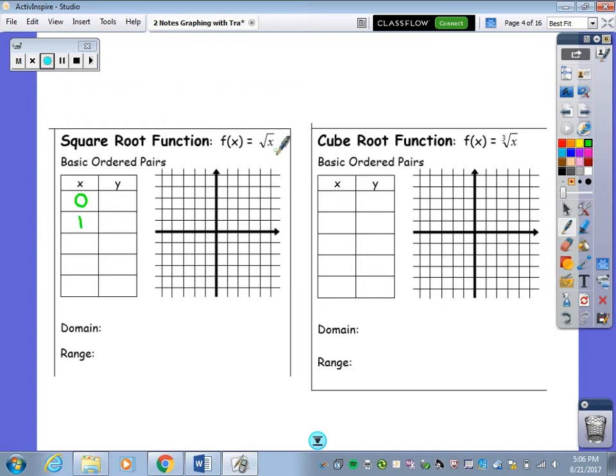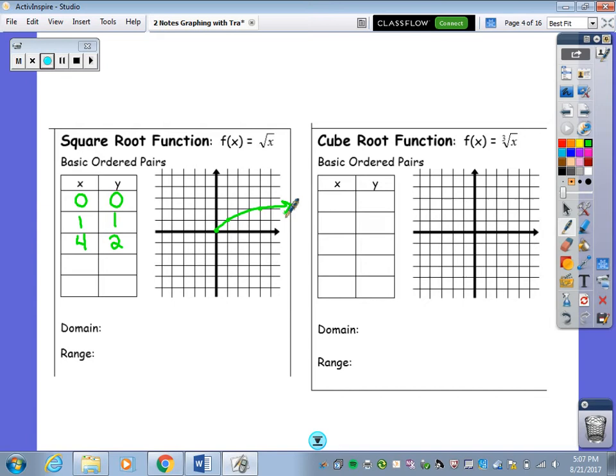So let's choose our numbers carefully. 3 is not going to give us a nice number, but 4, square root of 4 is equal to 2. So let's use that as our x. When we put these numbers in for x, we get for 0, 0, for 1, 1, and for 4 we get 2. When we plot these numbers, we plot (0, 0), (1, 1), (4, 2), and we get a function that looks something like that.